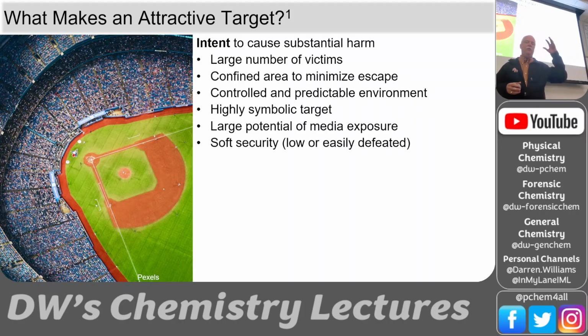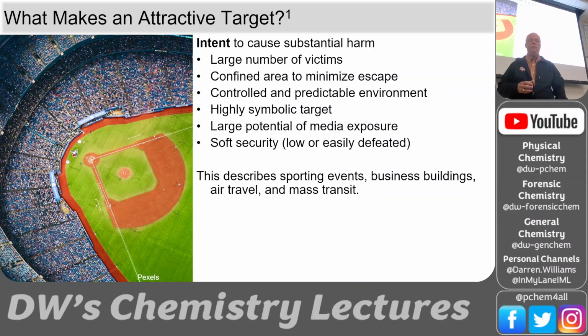These would make an attractive target to someone wanting to harm a lot of people and get a lot of press. These describe big sporting events, business buildings, airports, and so on. This is obvious, and this is what the security apparatus is thinking about.